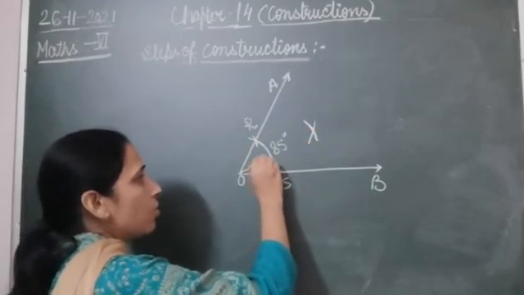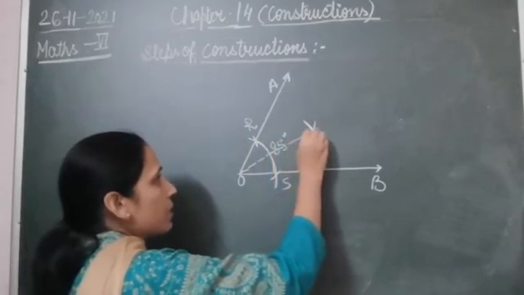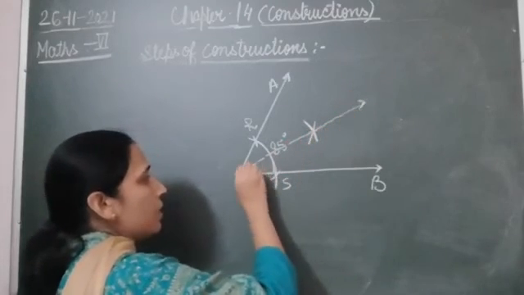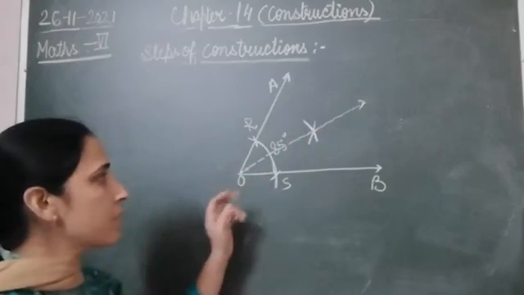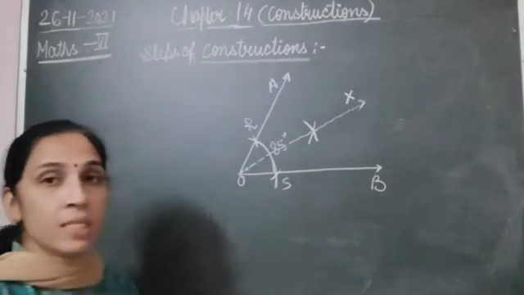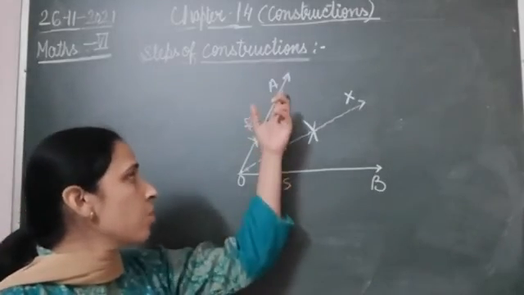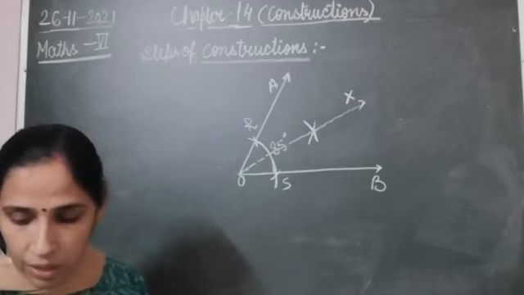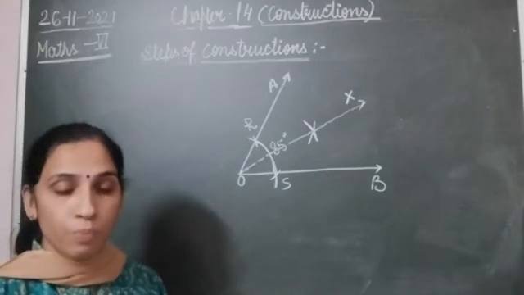Then draw the angle bisector, whose name is OX. Now OX is the angle bisector of angle AOB.